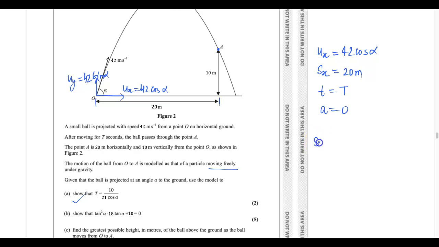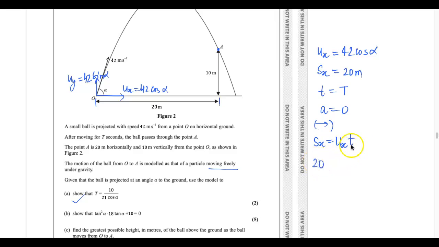So we can say Sx equals ux t plus half a t squared, and that would be 0. So I'm just writing Sx equals ux t, as acceleration is 0 for horizontal motion. So Sx is 20.